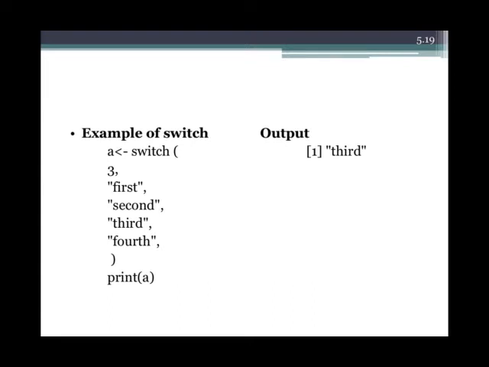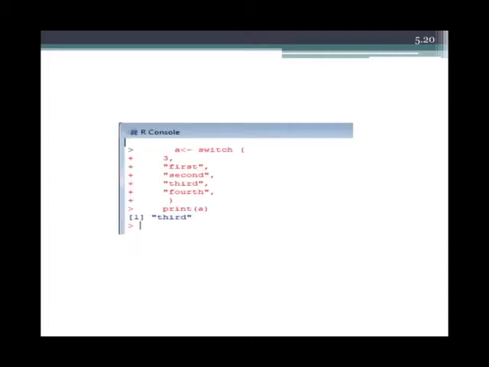We have first, second, third and fourth. Since the value of A is 3, the word third will be displayed as shown in the output on the right side. You can see the same example executing in your R console or the R Studio. The output will match whichever is the first match. So 3 would match third.